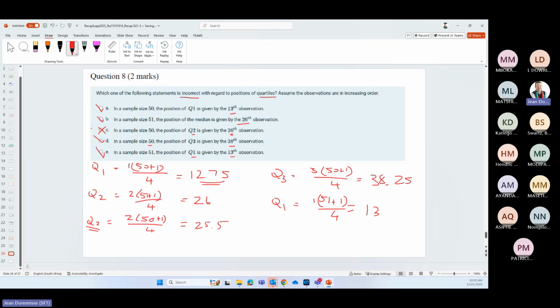Okay, so here the incorrect one was looking at that Q2, because you don't round off the median, you keep it as you get it.